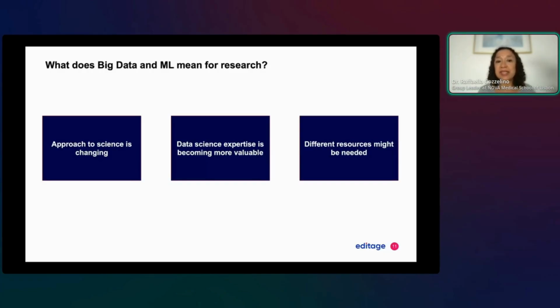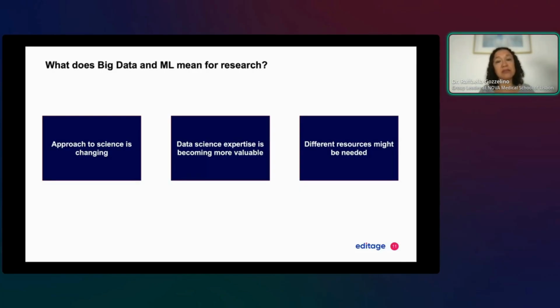What do big data and machine learning mean for research? There is a completely different approach to science. The approach to science is really changing, also towards innovation. Most governmental agencies funding projects now require a specific section on which technology you use and what the innovation of your project is.